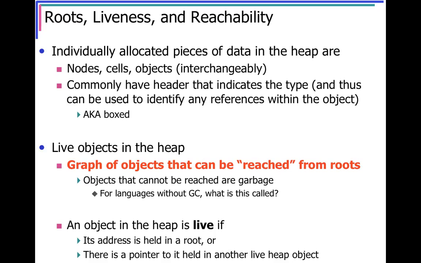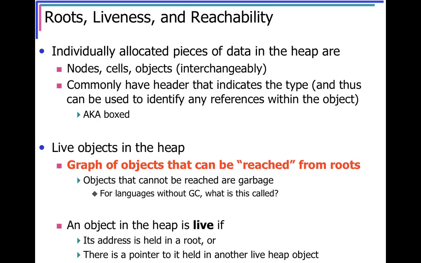The live objects in the heap construct a graph. If you think about all of the roots in the program, the registers, the stack locations, the globals that hold addresses out to the heap, if we follow those addresses out to the heap and we interrogate those objects that are there at those addresses, those objects have fields. Those fields themselves can hold addresses. That is, they can refer to other objects.